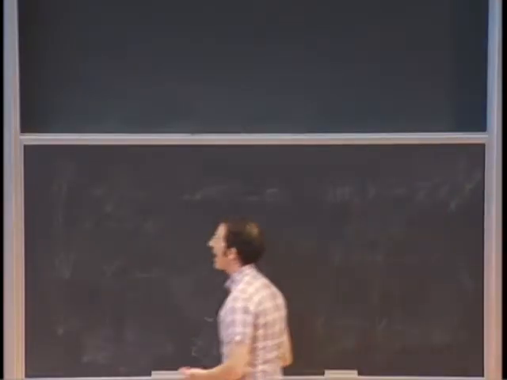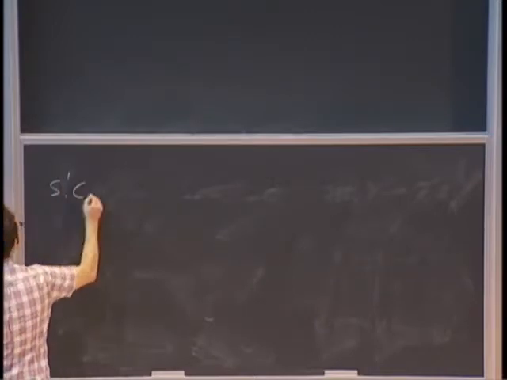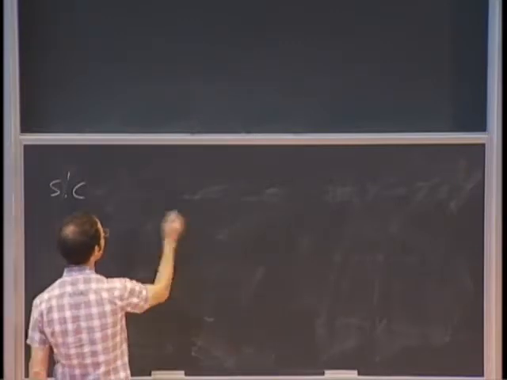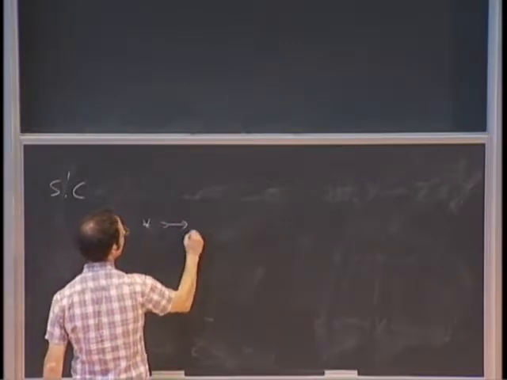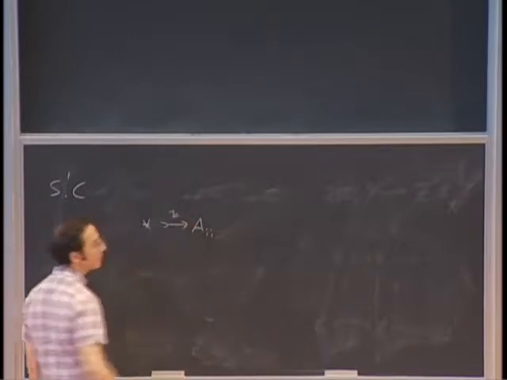You can define the S prime dot C construction, which is the same as the S dot construction, except now I require that the initial map to A_ii be an equivalence.